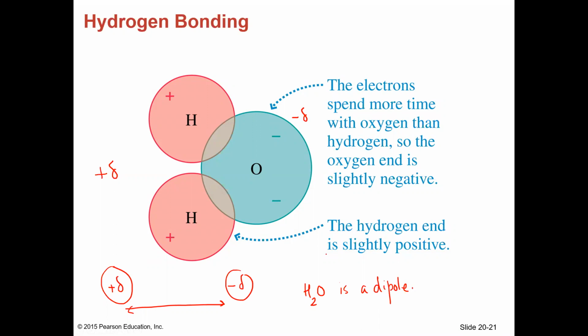And this has lots of significance in chemistry and biology. The reason water is highly soluble is because of this property, because it has this net dipole. We use the term dipole moment to explain the property of a dipole.